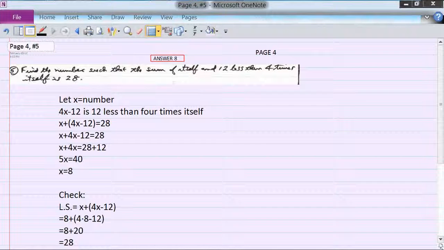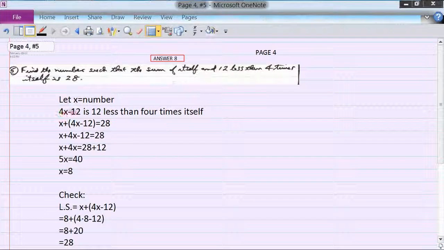Find the number such that the sum of itself and 12 less than 4 times itself is 28. So again, we have to translate this into an equation. Find the number. Let x equal the number. The sum of itself and 12 less than 4 times itself.